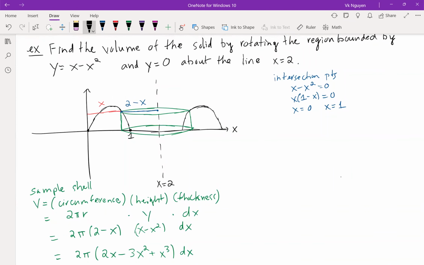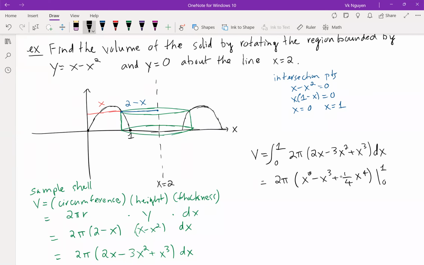So now we can set up the volume as the integral from 0 to 1 of a sample volume, 2 pi r y dx, which is 2 pi times 2x minus 3x squared plus x to the 3 dx, and ta-da! 2 pi, the antiderivative is x squared minus x to the 3 plus 1/4 x to the 4th.